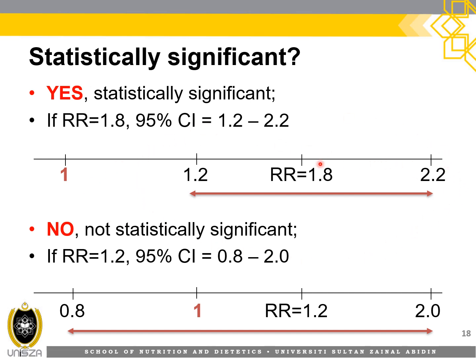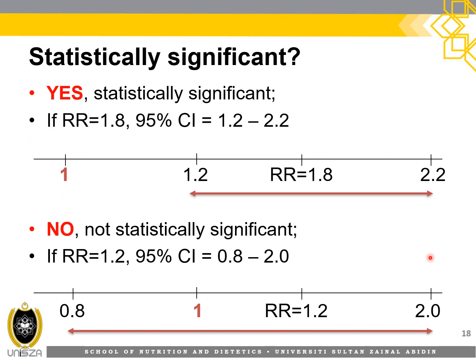As an example here, the RR is 1.8 and the 95% confidence interval is 1.2 to 2.2, which doesn't pass the value of 1.